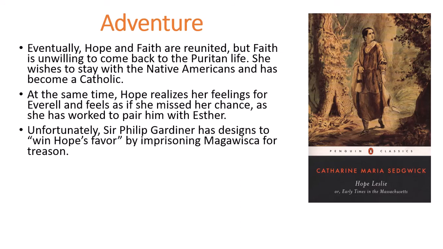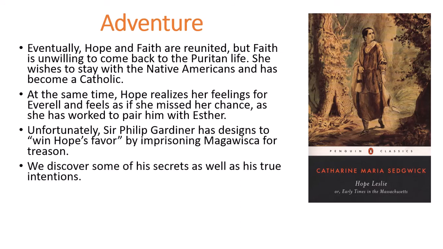And he says it's to win Hope's favor, even though Hope is quite upset by this. It's not really clear. So we have, again, another Native American woman imprisoned for false reasons. And then we discover some of his secrets as well as his true intentions. So why he is doing what he is doing.